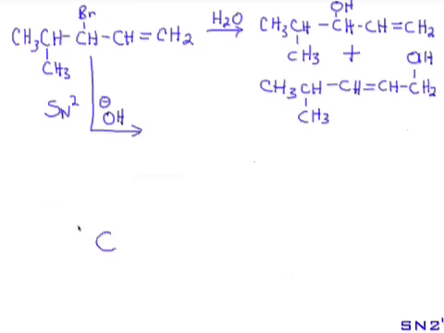I'm going to use R for the isopropyl group. So we'd have an H. I'm going to put my 2p, because in the transition state, we go sp squared. I'm going to make the hydroxide incoming. So let's draw the Br going off this way, just for the fun of it.